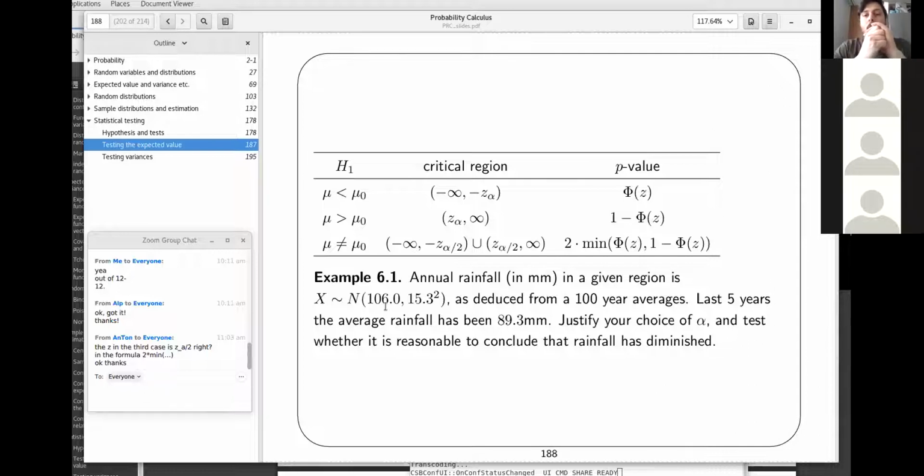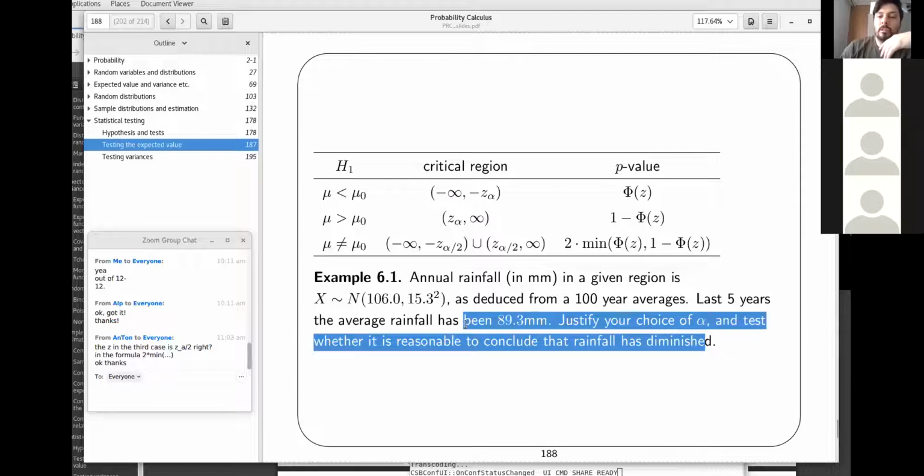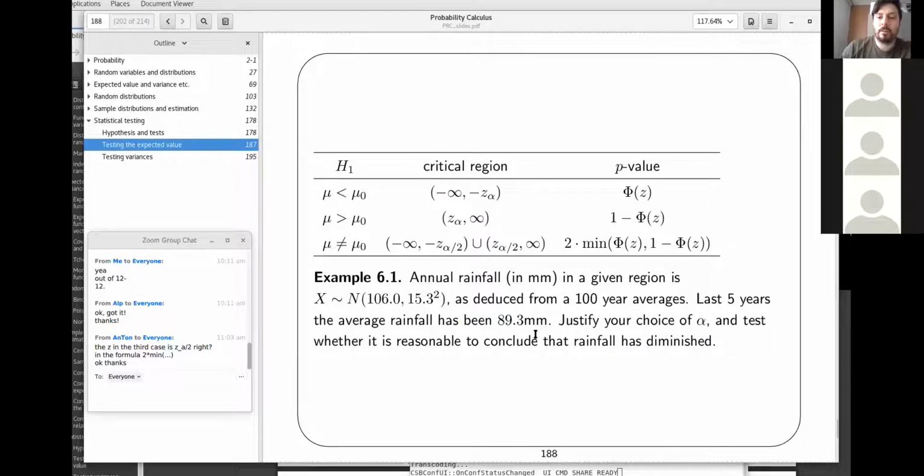Well, my minus Z alpha was minus 1.65 roughly, and this Z here was about minus 3.6. So it's definitely in the critical region. So it's reasonable to conclude that the rainfall had diminished, at least with the 0.05.